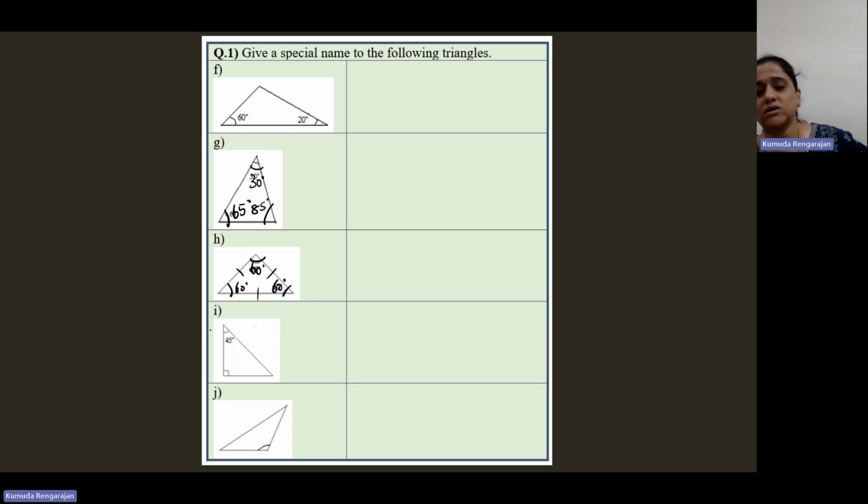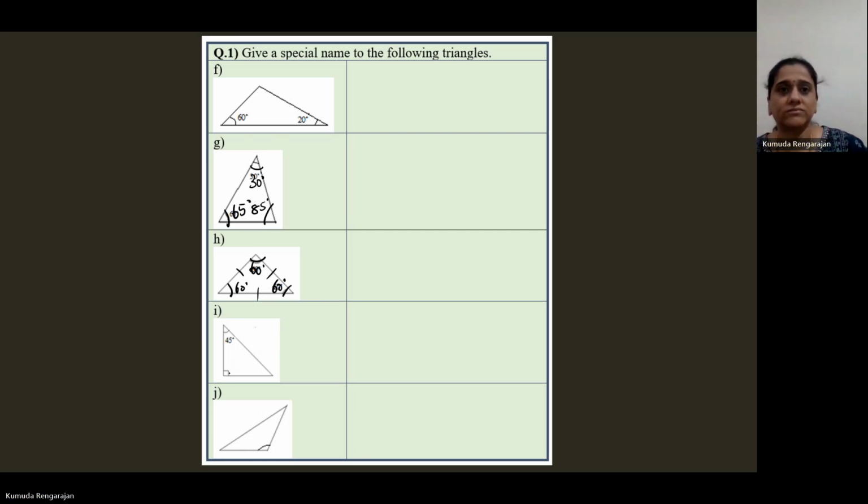We do not know anything about the sides, but in a triangle where all the angles are equal, all the sides will be equal. Whether it is 5 centimeters, 6 centimeters, 10 centimeters, we don't know. But all the three sides will be equal. So you can call this triangle an equilateral triangle or acute angled triangle.